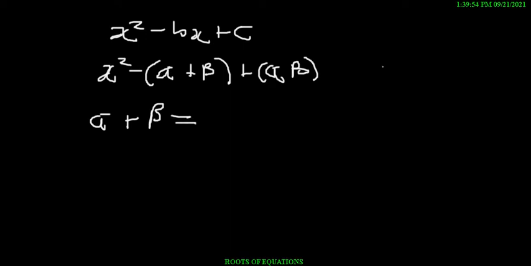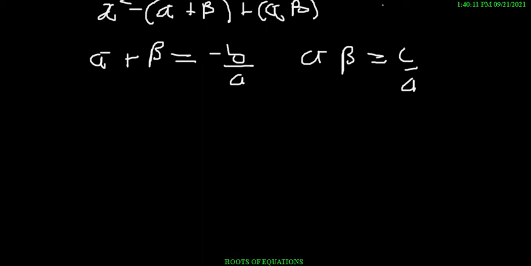is equal to negative b over a, and alpha beta is equal to c over a. Now, let's say we're given alpha squared plus beta squared. So this would be equal to alpha plus beta squared.